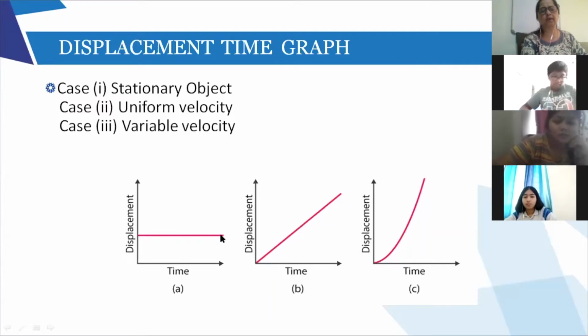The displacement does not change at all. So this is a body at rest. I think you remember body at rest, right? Stationary object. If the displacement time graph is parallel to the x-axis, then we say that the body is at rest. So this is the first one, body at rest.